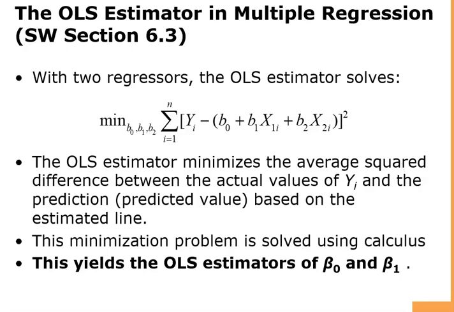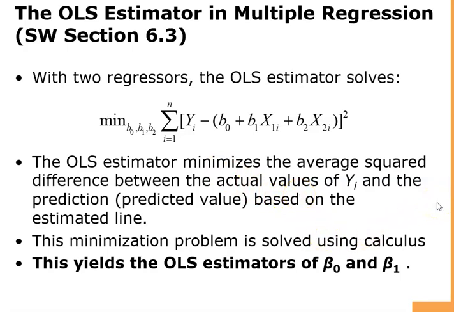What we are trying to do is minimize the sum of squared residuals. This is the expression we are trying to minimize. Remember that yi minus this whole expression gives us the residual, and we minimize the squared sum of residuals through a minimization problem using calculus.